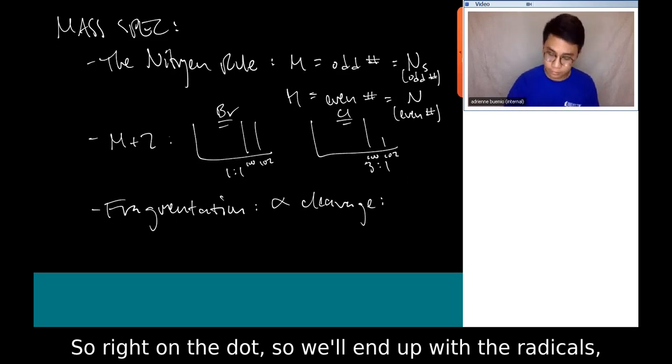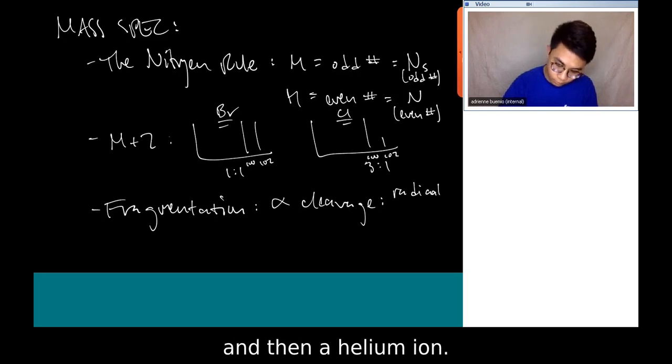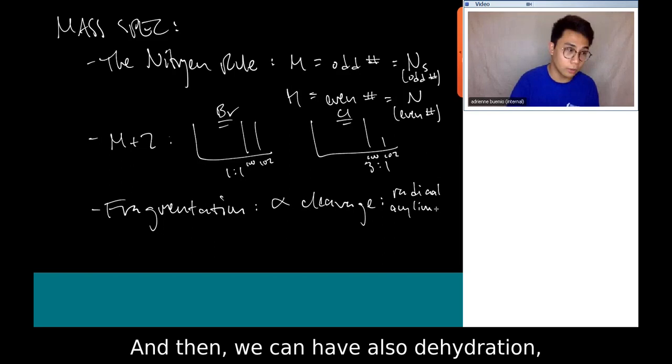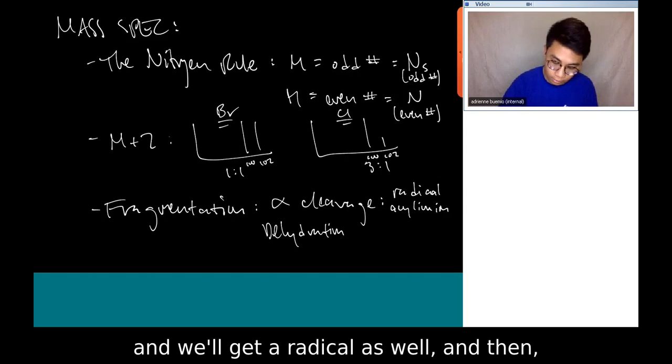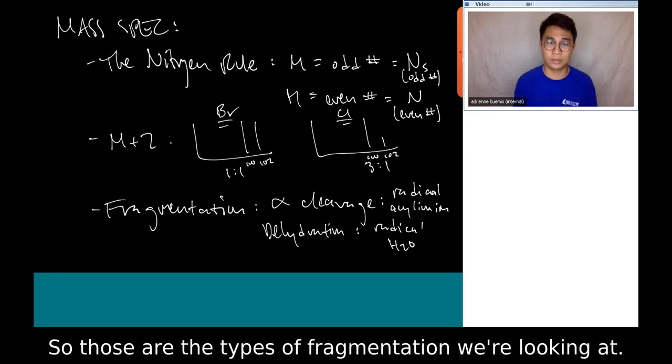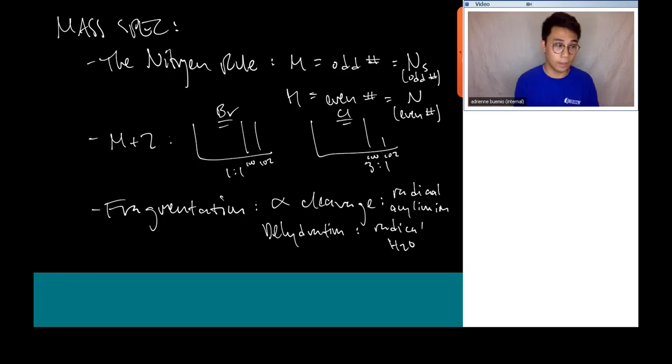So we'll end up with a radical, and then a cation, and then we can also have a dehydration, and we'll get a radical as well, and then of course dehydration, water, right? So those are kind of the types of fragmentation we're looking at.